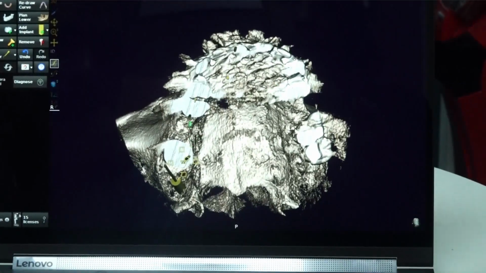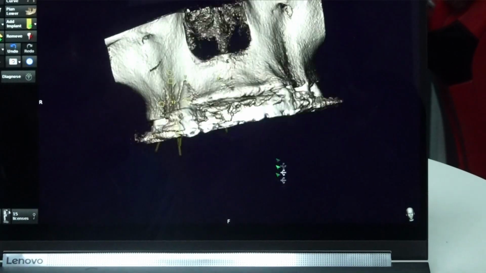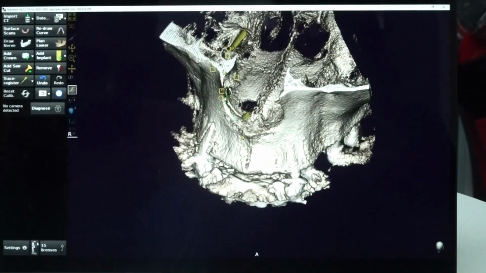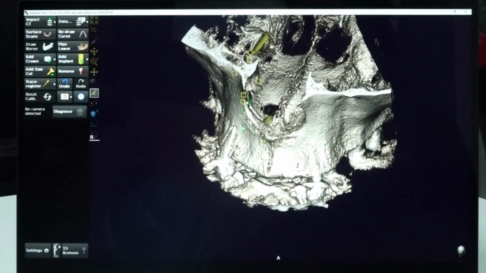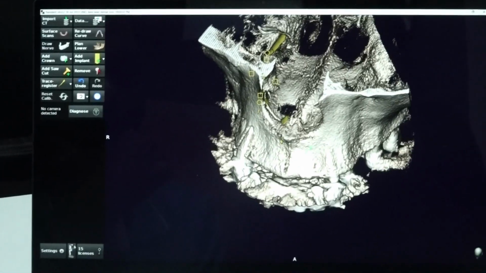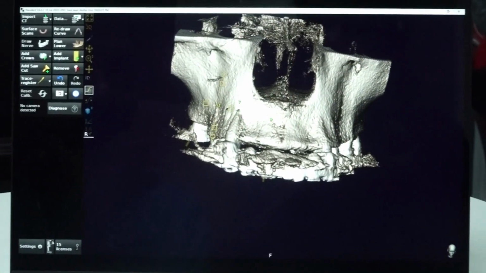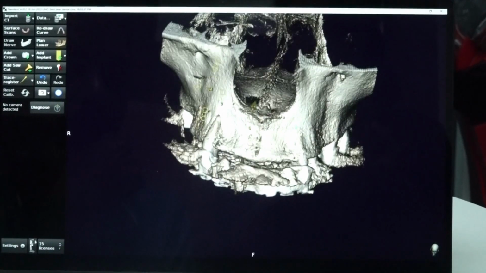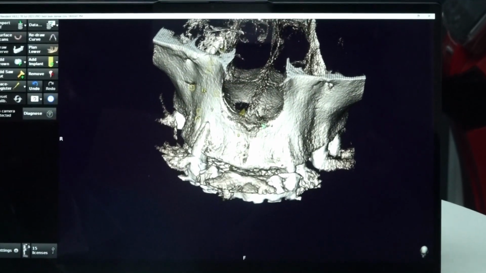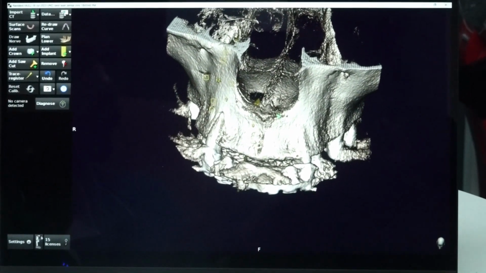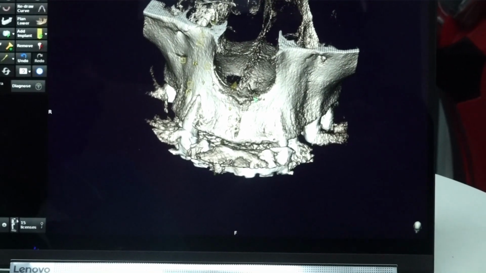See, occlusally the width is very wide, but see here, at the nasal floor level, it is very less. If we don't understand this, we will be placing 6 implants, no, or 7 implants, or 8 implants, 10 implants, straight. But if you see the nasal floor area, all implants will be close to each other, and the bone in between those implants will be very little or no bone.